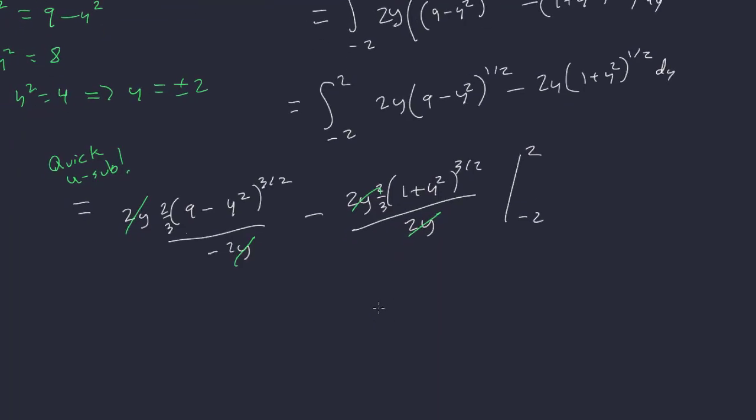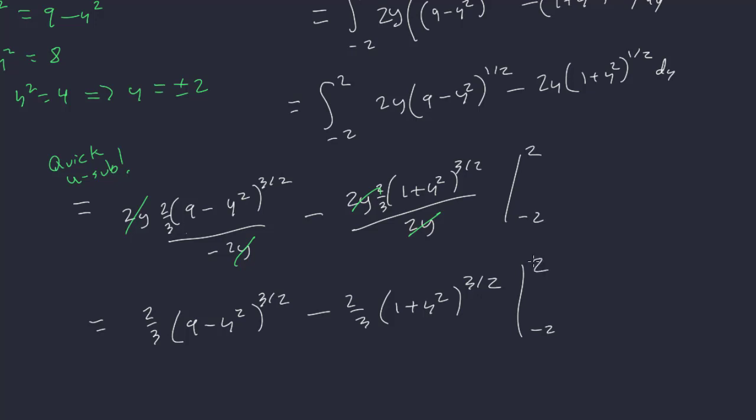Okay, so we're going to get 2/3 times (9 minus y squared) to the 3/2, minus 2/3 times (1 plus y squared) to the 3/2, and we will evaluate this from negative 2 to 2. All right, so we'll get 2/3 times 5 to the 3/2, minus 2/3 times, well, it'll also be 5 to the 3/2.